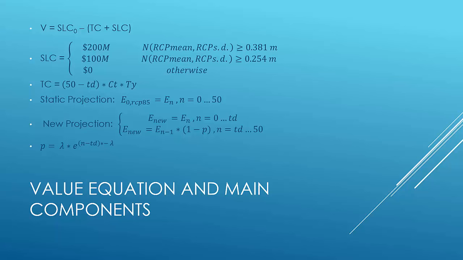I'm not going to go into too many details here for time's sake, except that for sea level cost, I'm taking random normal variables from the different RCP families, since I'm assuming that those simulations, at least the emission part of those simulations, are normally distributed.